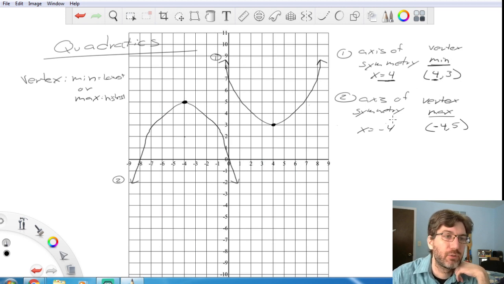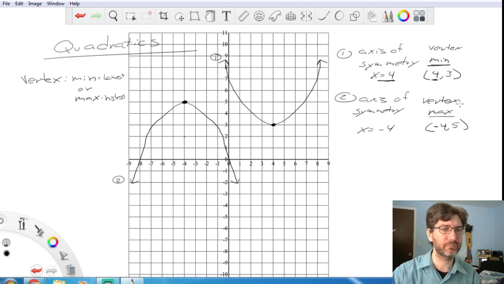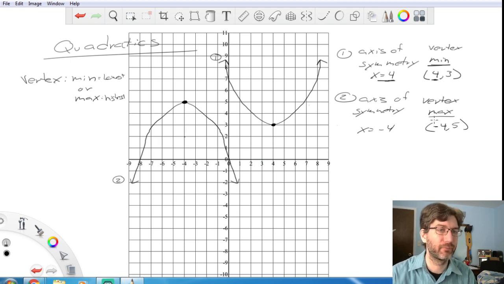And then your axis of symmetry, if you already have your vertex, it's just going to be x equals whatever your x value is. If you're given your axis of symmetry, you can find your vertex fairly easily, or at least you can find your x value fairly easily. Your y value is also pretty easy to find, but we will talk about that later.